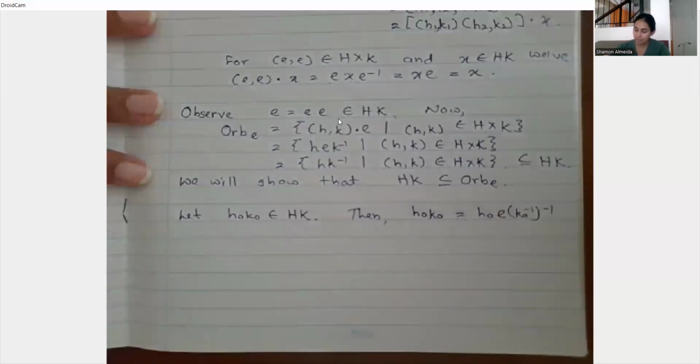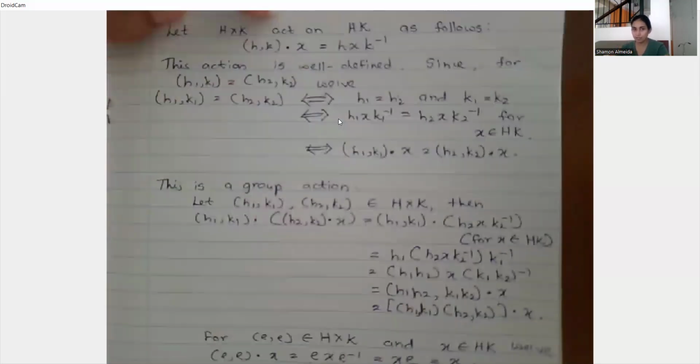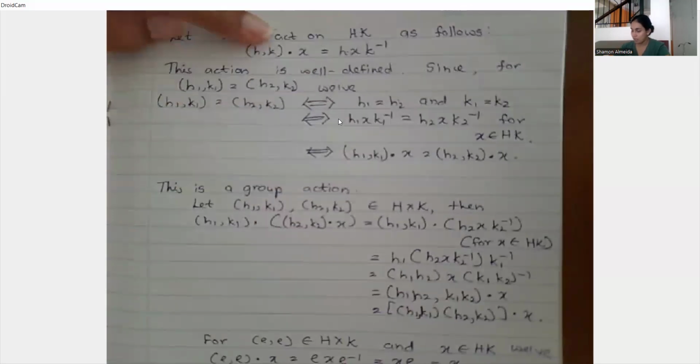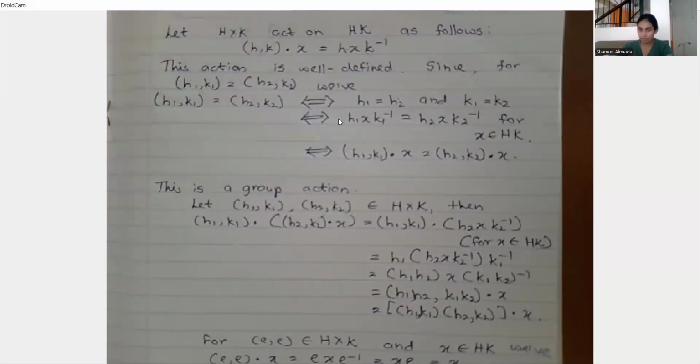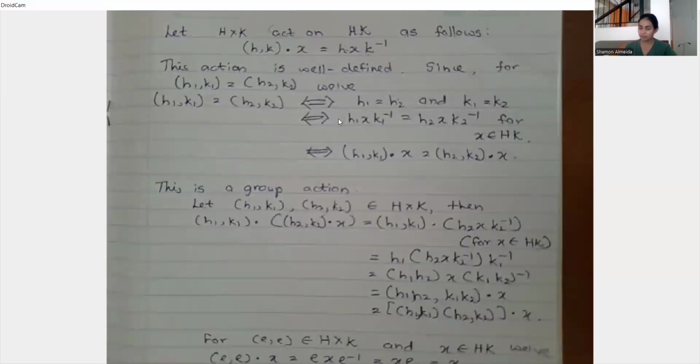Now, what does this mean? If you go back to the definition of the group action, when you take H naught, K naught from the set H times K, that means H naught is coming from H by definition, K naught is coming from K. So H naught comma K naught, that point is in this set, right?